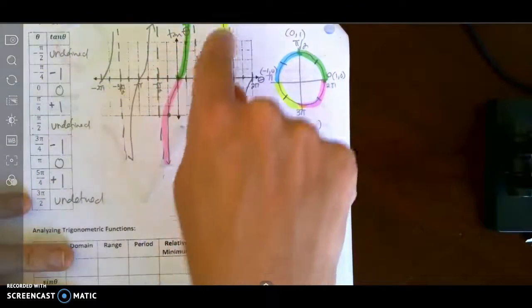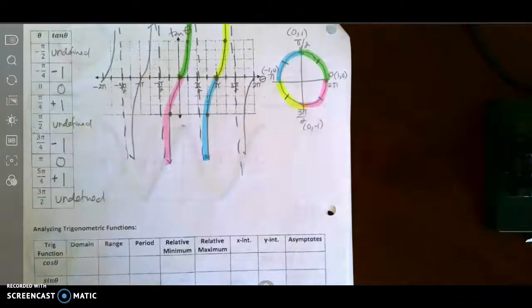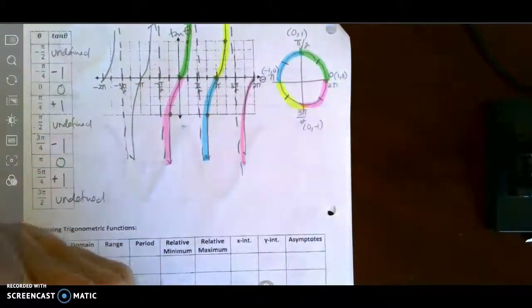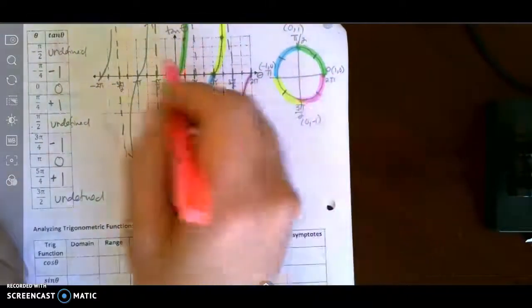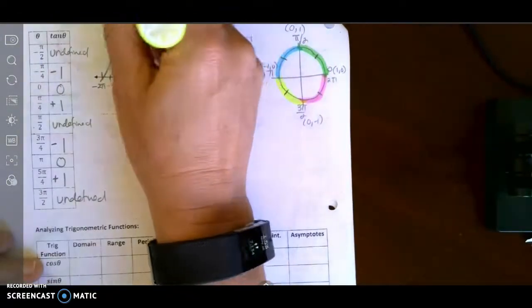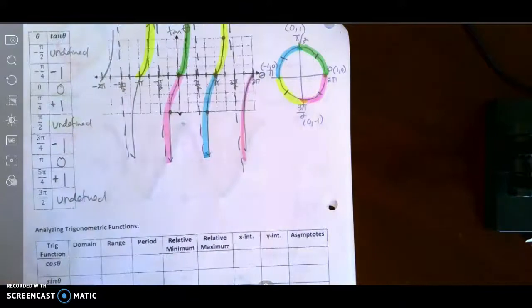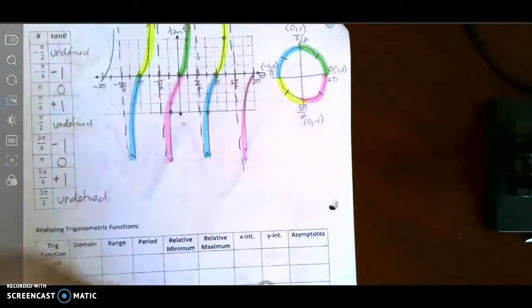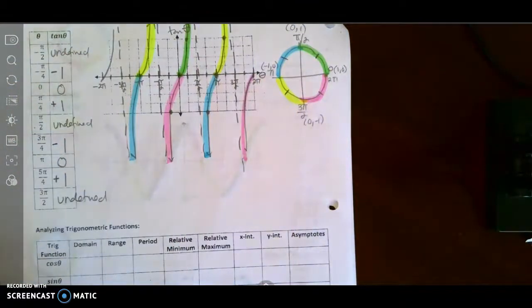Green, blue, yellow. This would have to be pink. Going backwards, I have pink, then I have yellow, then I have blue, and I have green.